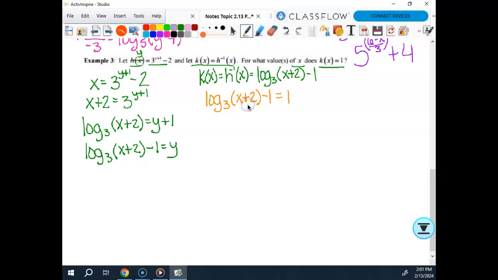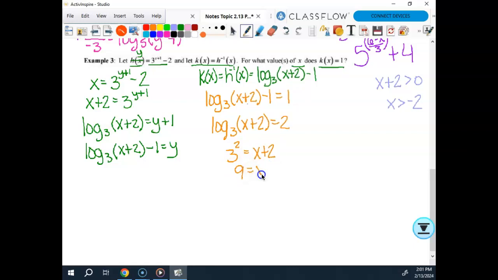So I'm going to do this x plus 2. I know that has to be greater than 0. So x has to be greater than negative 2. All right. So now I can add 1 to both sides and get log base 3 of x plus 2 equals 2. Then I can rewrite that as 3 squared equals x plus 2.